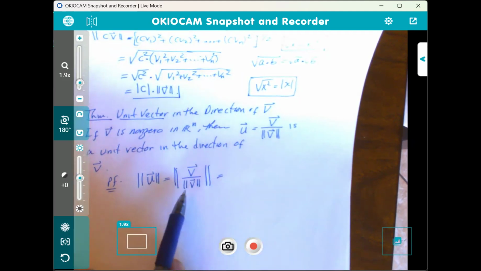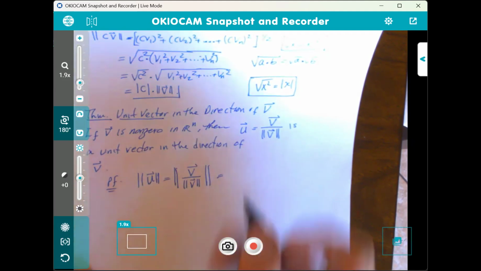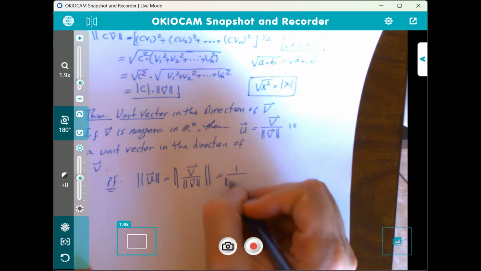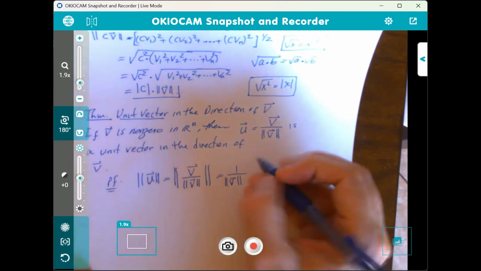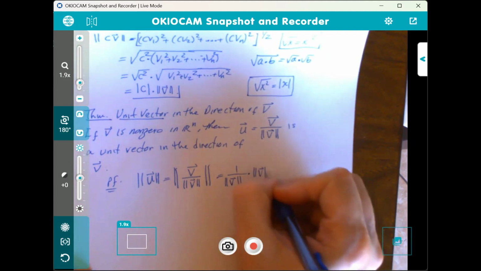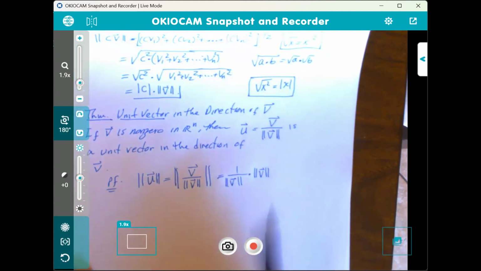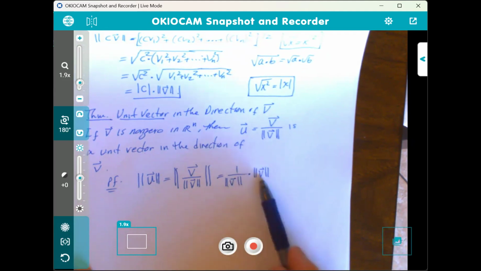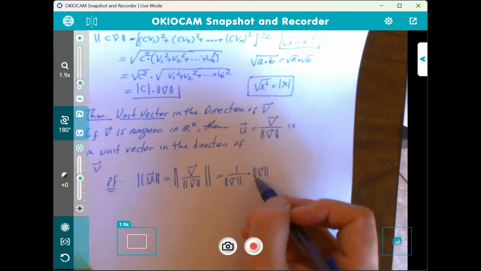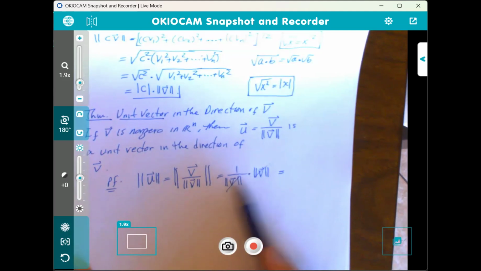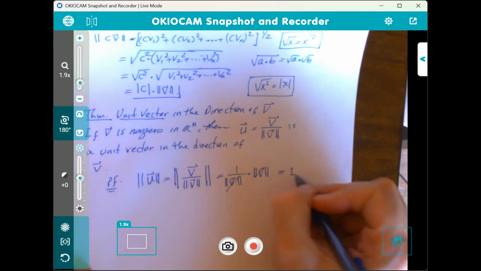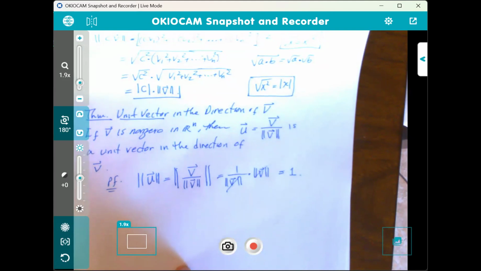And because the denominator is a constant, a scalar, we can bring it outside and write it as 1 over the magnitude of v, because this is a constant, and take the magnitude of this vector. Well, the magnitude of the vector is just itself. And at this point, we have two scalars that look exactly the same. We can cross these out because we are not crossing out a vector, we are crossing out scalars. And that's going to be 1, and that's what this theorem calls for.